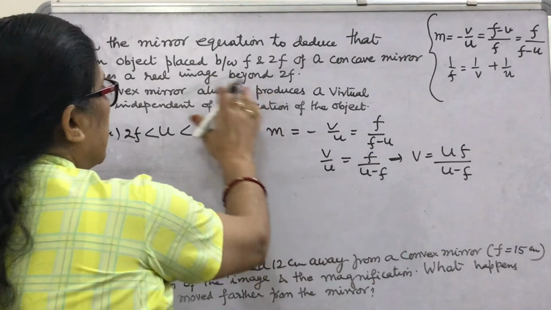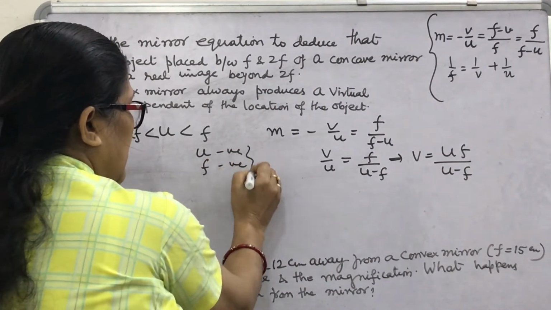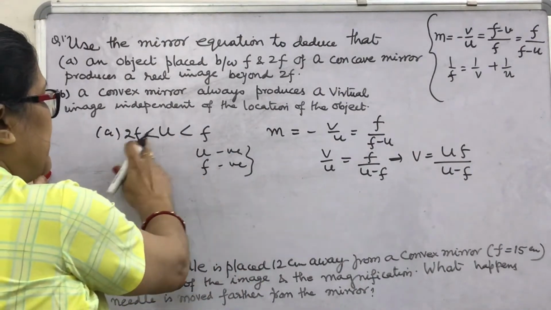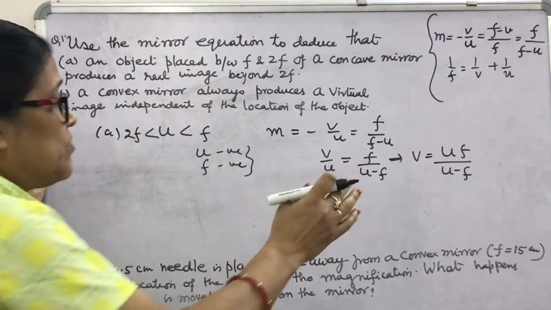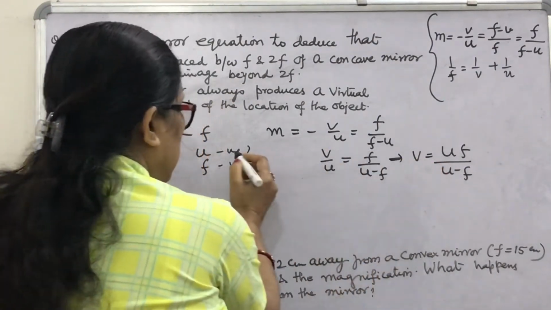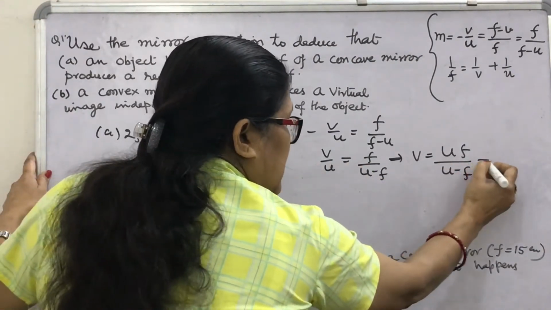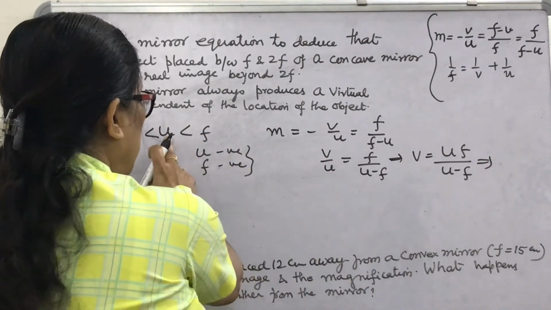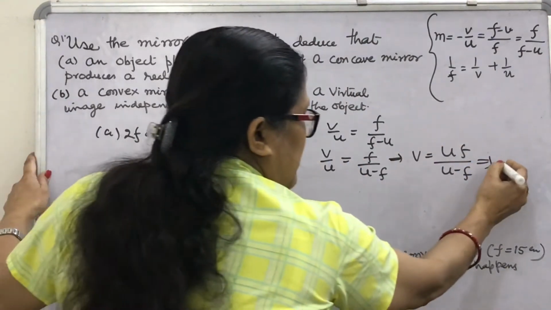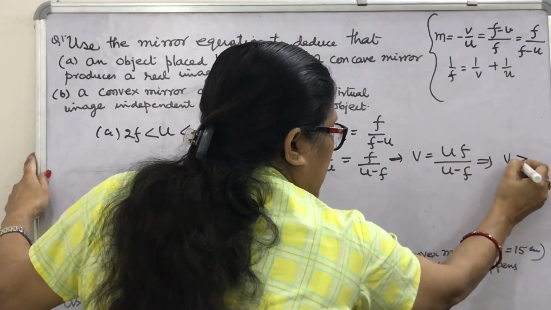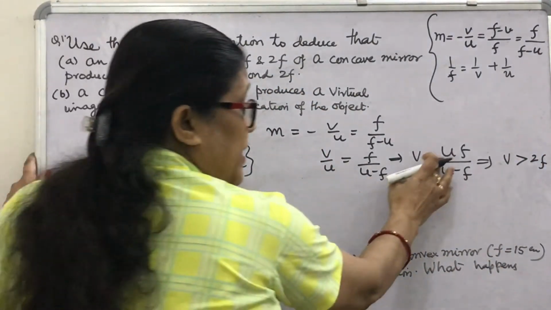Here U is negative, F is negative, and it is given that U lies between F and 2F. Then what can you say for V? This relation says U is negative and in between F and 2F, and F is negative.